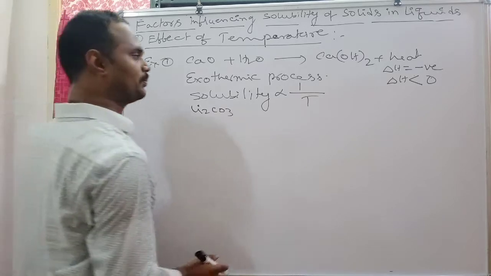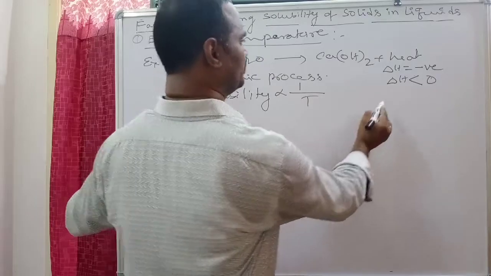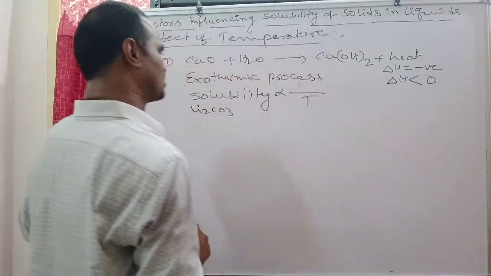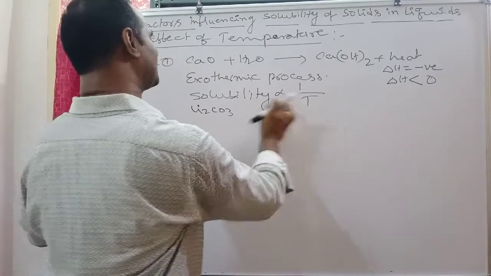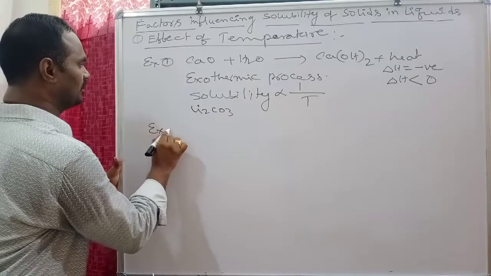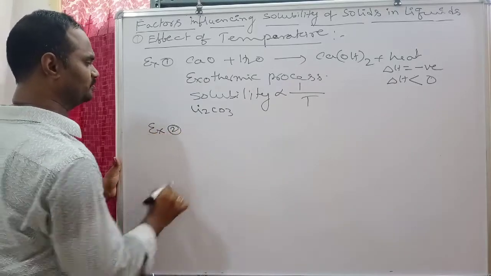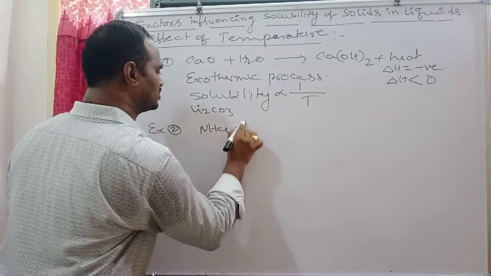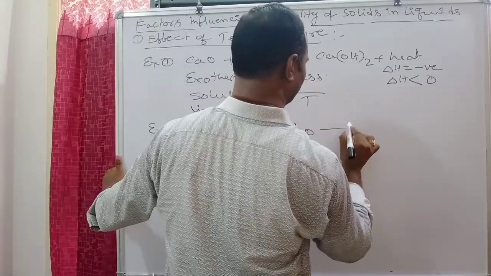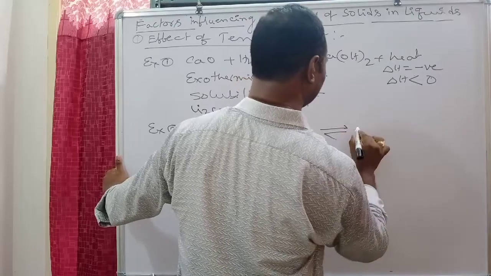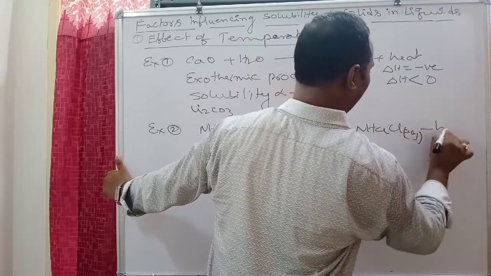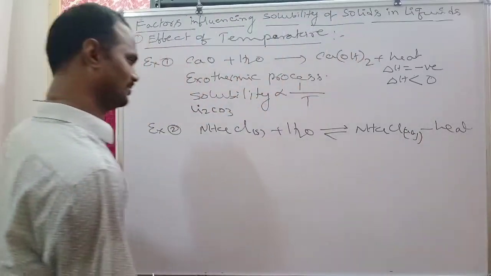In an exothermic process, carefully see, if delta H is negative, or delta H is less than 0, in that case with increasing temperature, solubility decreases. One more, an endothermic example: ammonium chloride solid dissolved in water produces ammonium chloride aqueous solution minus heat.